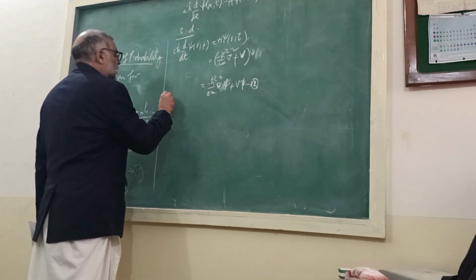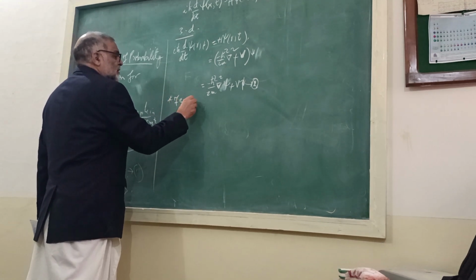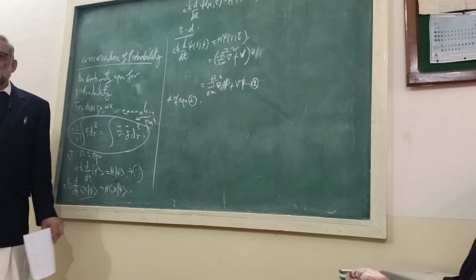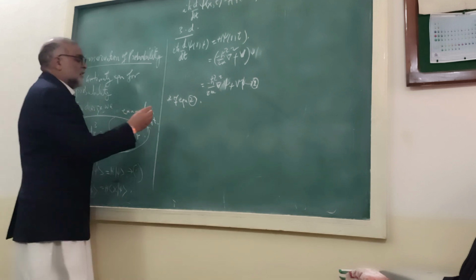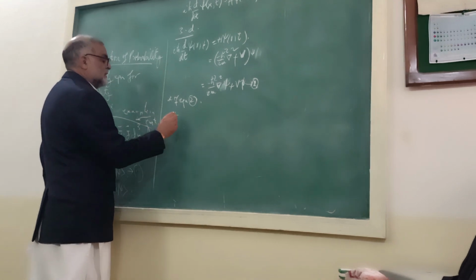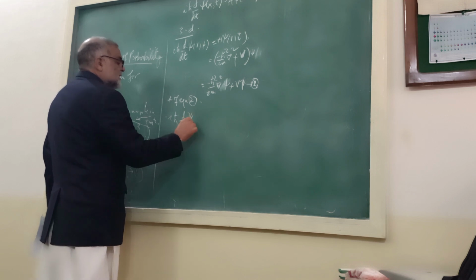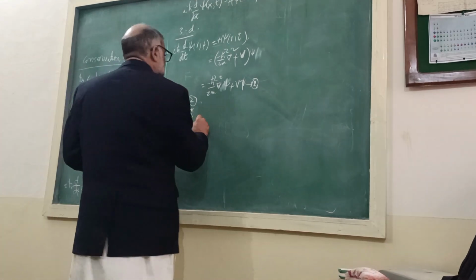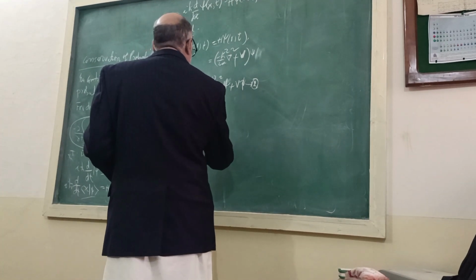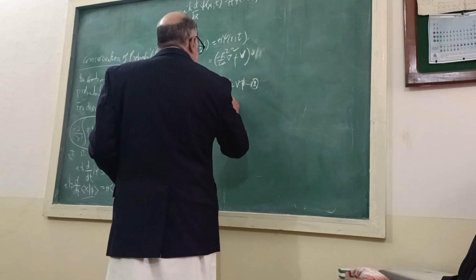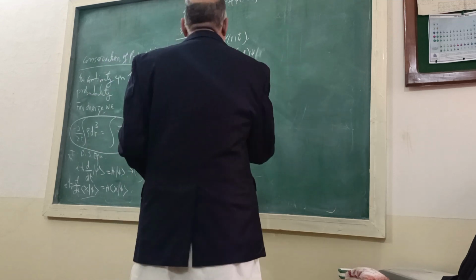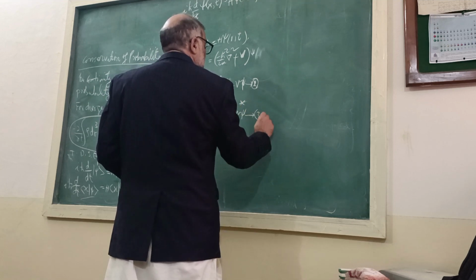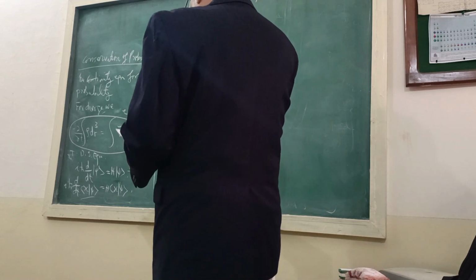Taking the complex conjugate of equation 2, that will be minus i h-bar d by dt of psi star, right, is equal to minus h-bar squared divided by 2m del squared psi star plus V psi star. That is equation number 3, right?